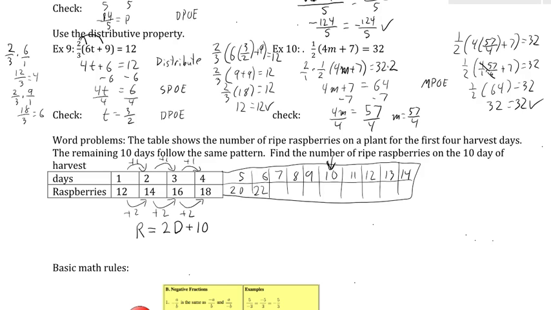So then they can ask us any day they want, and we just substitute in. So substituting, the 10th day is day 10. We have the number of ripe raspberries on our bush is 30.